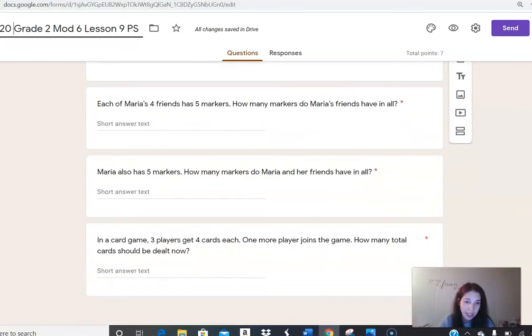And the last question, in a card game, 3 players get 4 cards each. 1 more player joins the game. How many total cards should be dealt now? I would recommend that you guys draw these out because that is going to make things a lot easier for you.